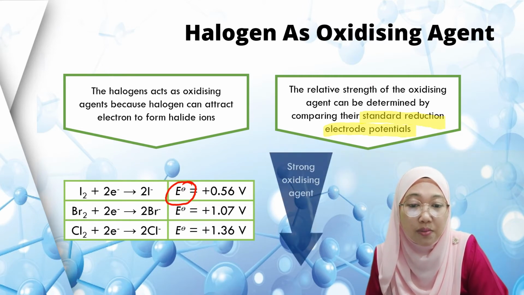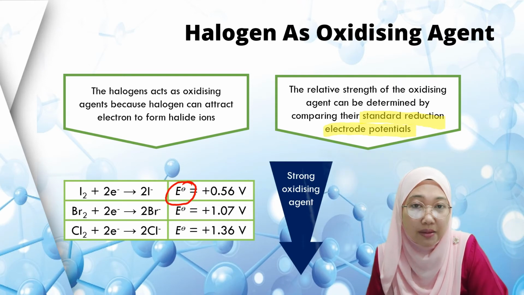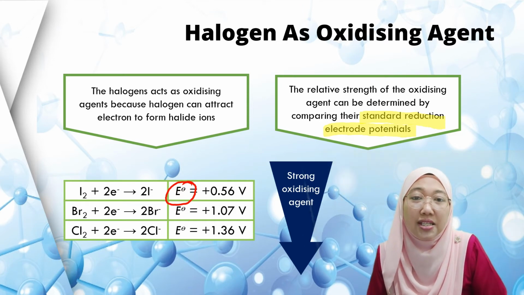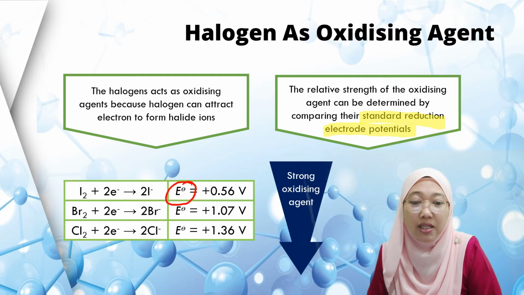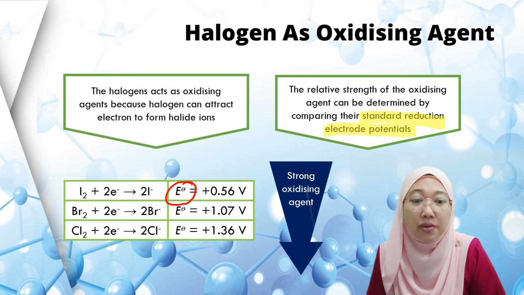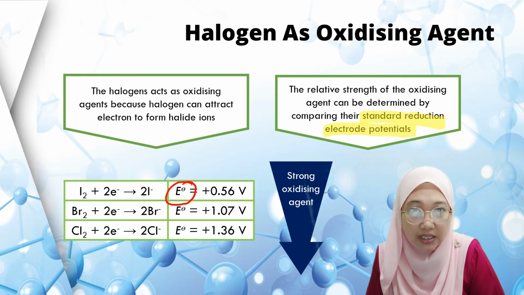Okay. So, bila E naught semakin besar, the oxidizing strength increases. Okay. Jadi nak tahu dia strong ataupun weak, kita compare dia punya standard reduction electrode potential, E naught dia.